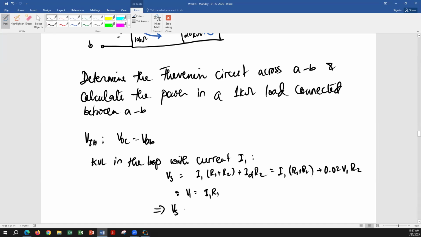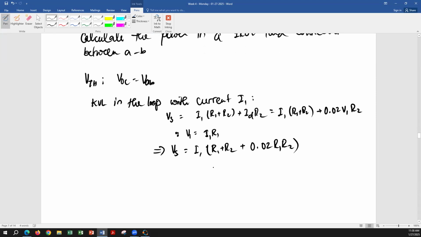Therefore, I can write down Vs is equal to I1 R1 plus R2, and then I'm going to put this I1 R1 here, V1. That's going to become 0.02 R1 times R2. And from that, we can figure out what is the value of I1.